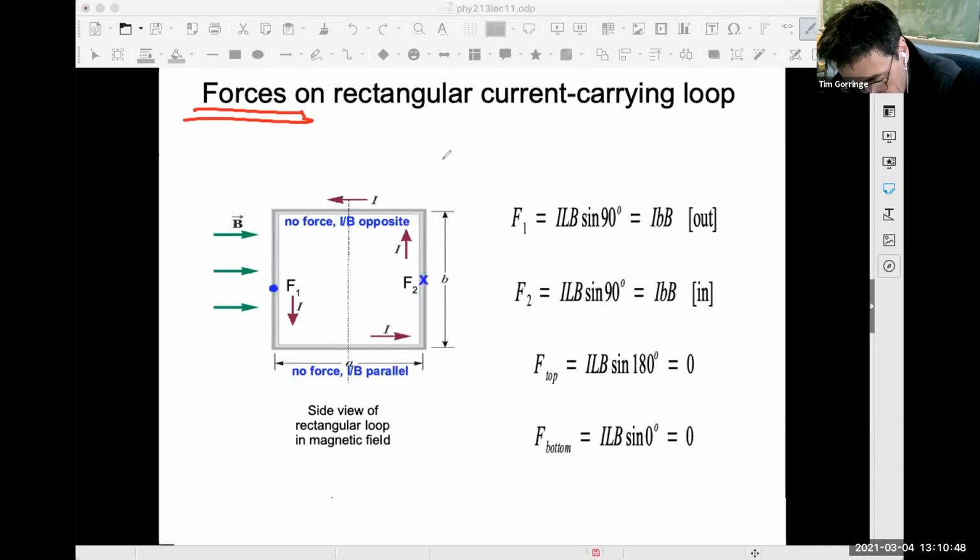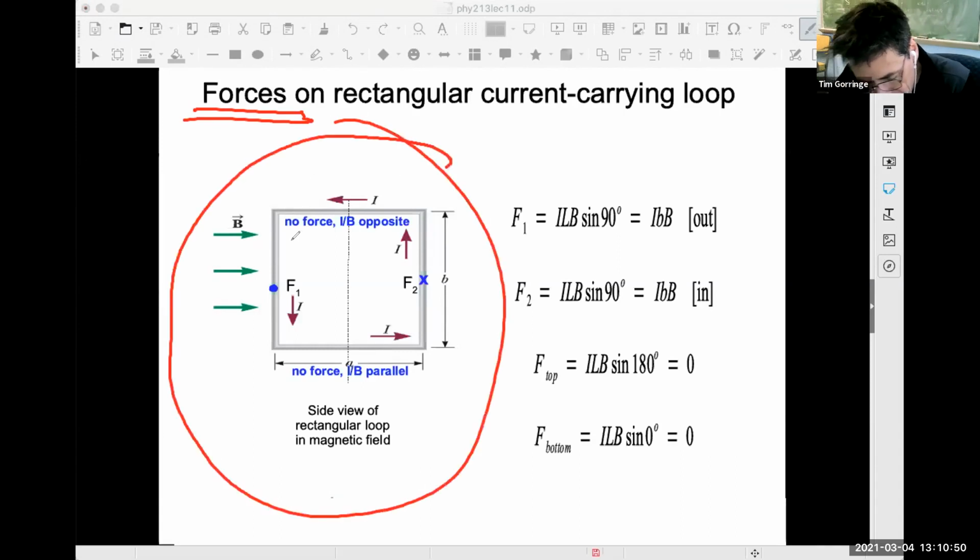So in my sketch on the left, I've got a rectangular loop of wire. And a current is flowing around that loop of wire. So it's going right to left in the top arm, then it would be going downwards in the left arm.